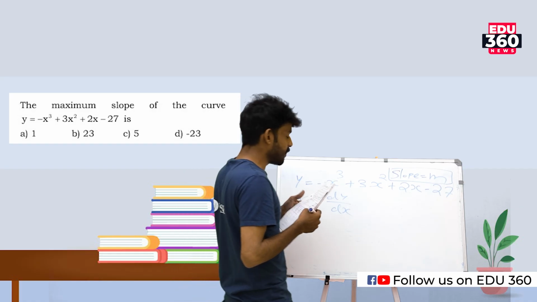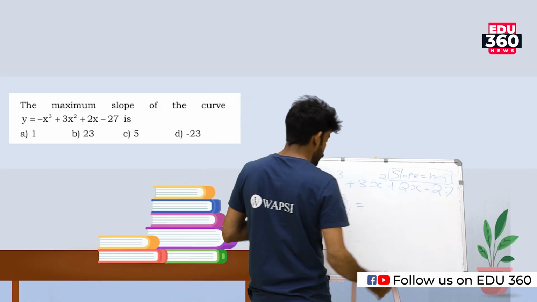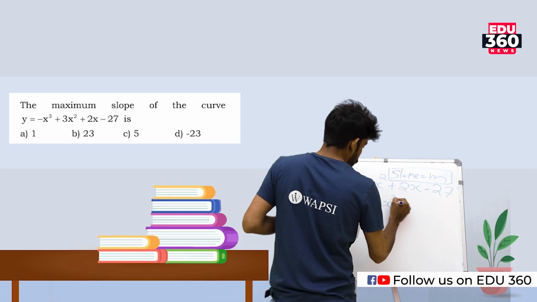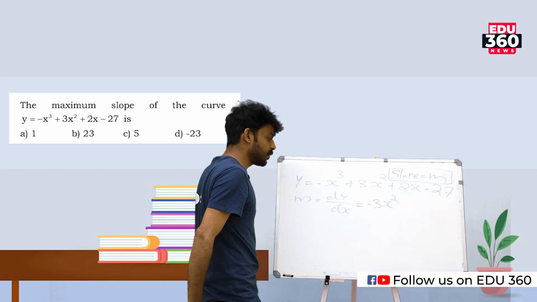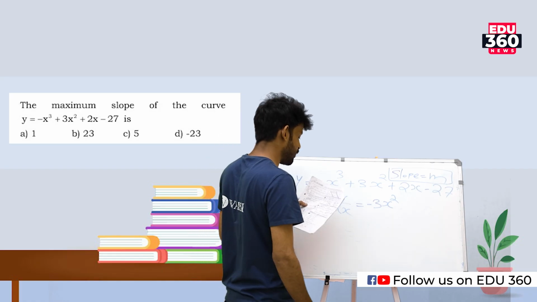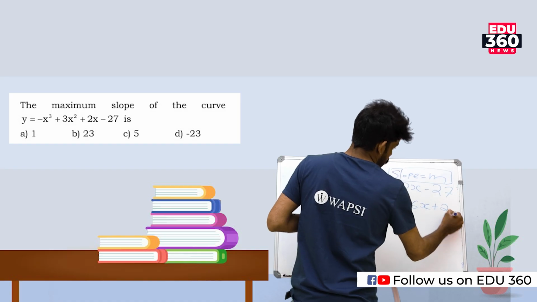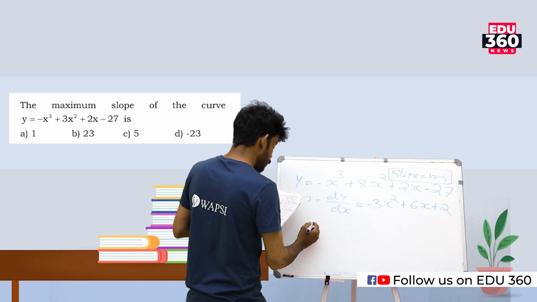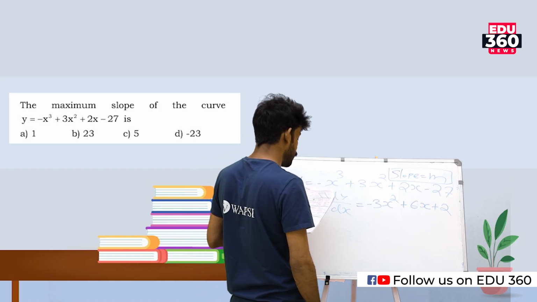So first of all, we find the derivative with respect to x. dy by dx is equal to minus 3x square plus 6x plus 2. And also m is equal to minus 3x square plus 6x plus 2.